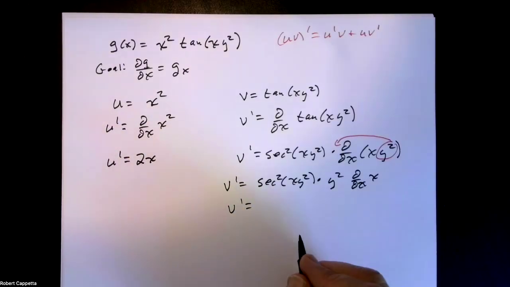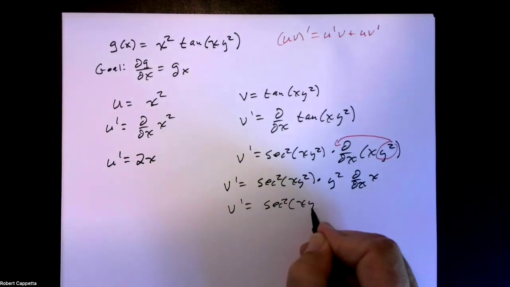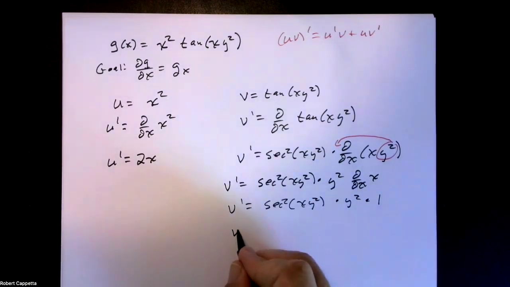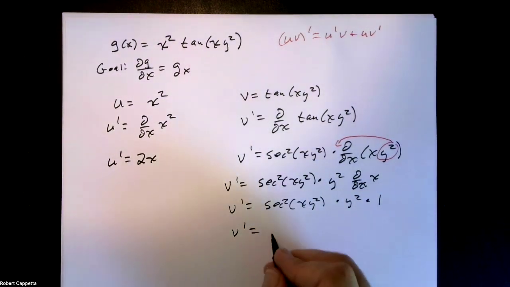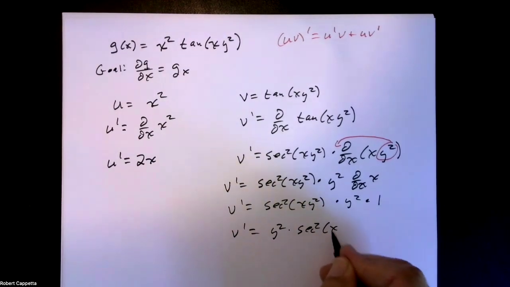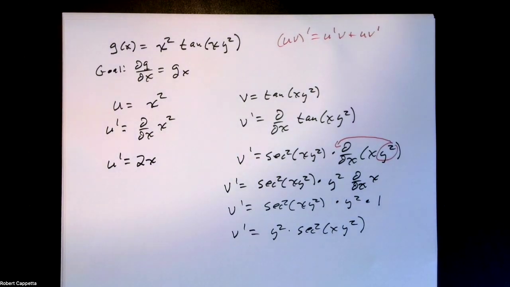And we get v prime is what? Secant squared xy squared times y squared times 1. So v prime is just y squared times secant squared xy squared. So let's collect what we have to find g sub x.